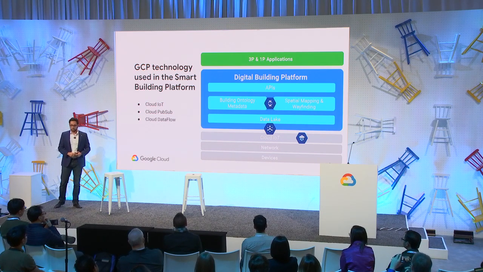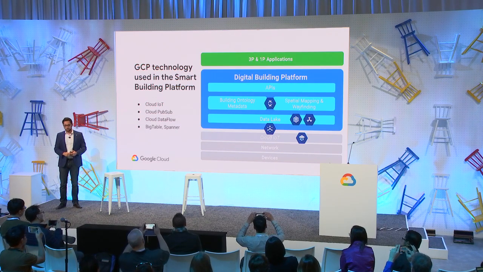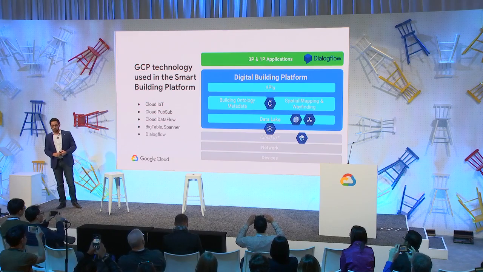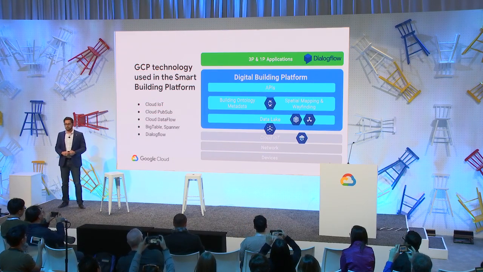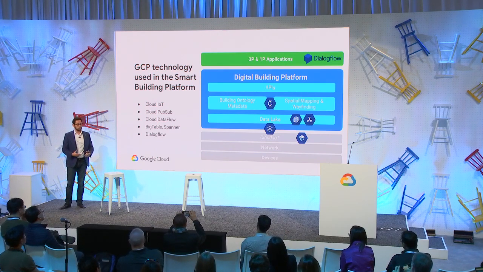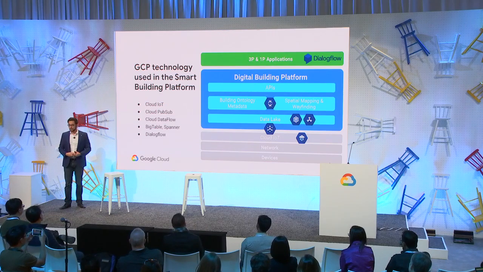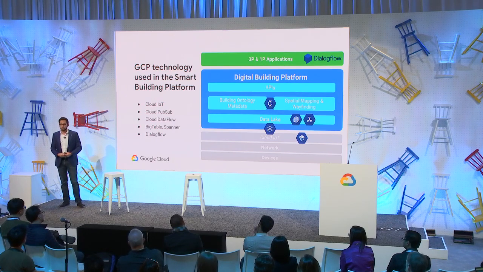We have Dataflow for batch and streaming processing, and Bigtable and Spanner for storage. And then I'm going to show a simple chatbot that we built in a very quick manner to show how easy it is, once you have the ontology and these APIs in place, to tap into the system and extract whatever information you would like to have.